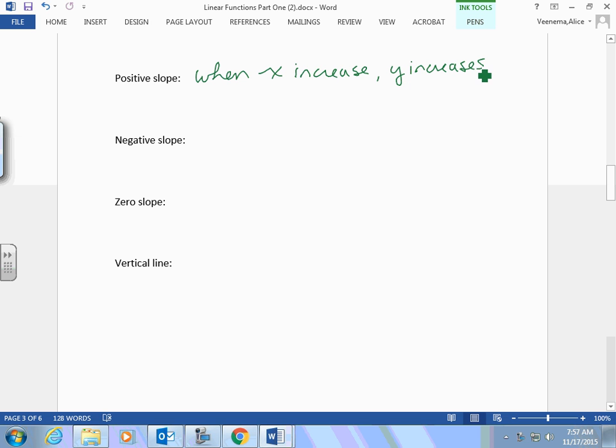So that's any line that goes up as we go to the right, no matter how steeply, okay? A negative slope says that when x increases, y decreases. So as we said, like a decreasing function. So that's anything that goes down as we go to the right, whether it's steep or not so steep.